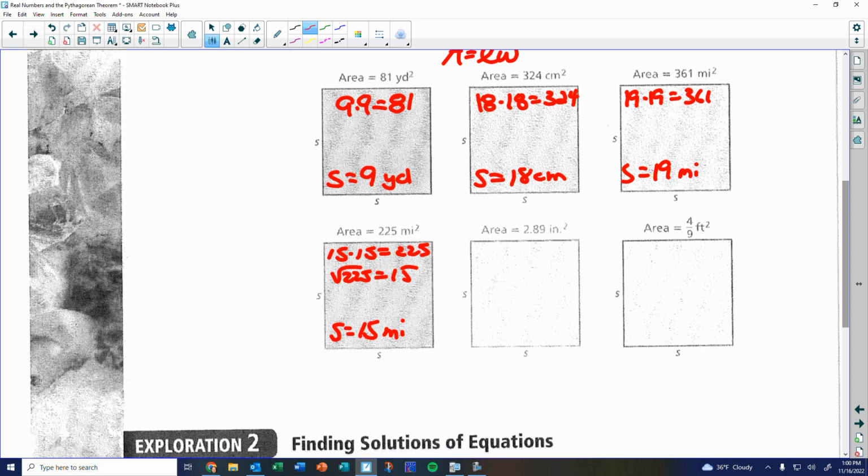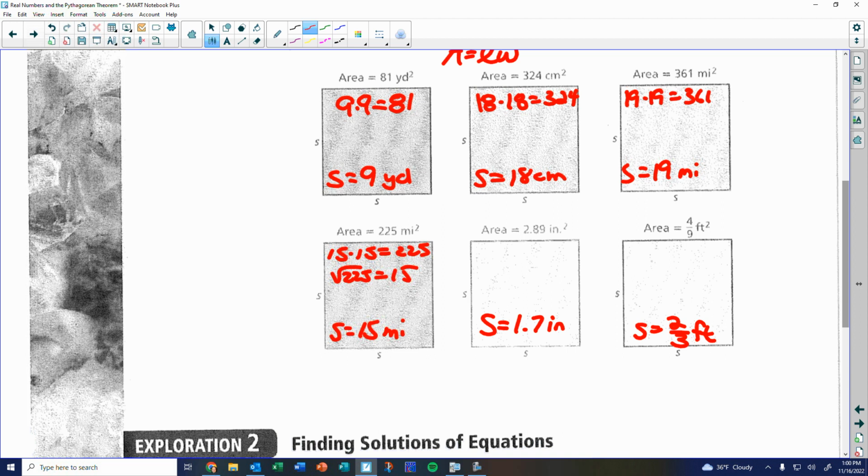So that's 15 miles. What about 2.89? Jackson. 1.7. That's inches. And then what about 4/9? Logan. It is 2/3. 2/3 of a foot.